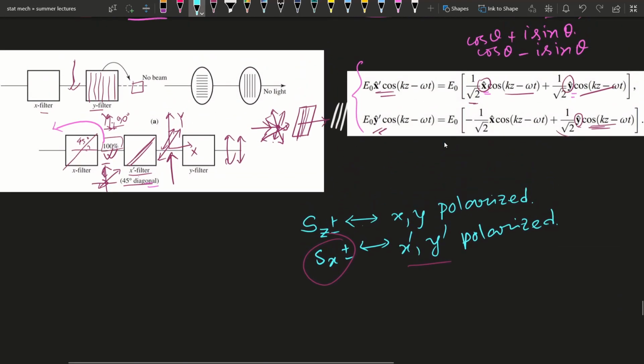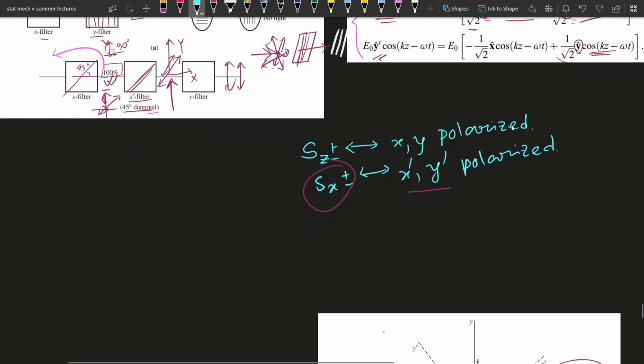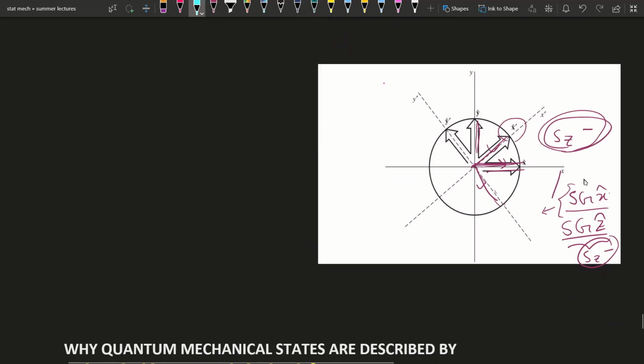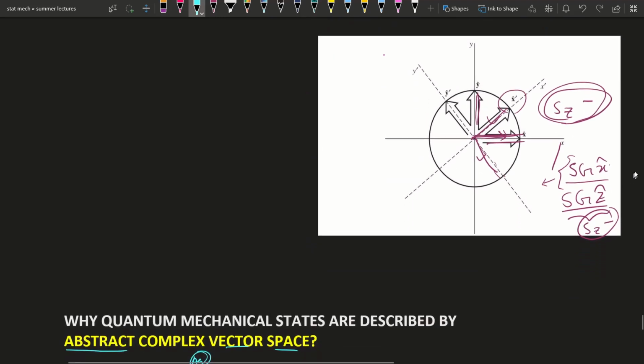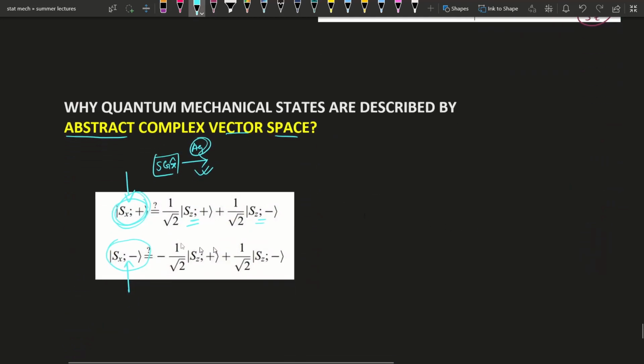The X component vibration can be composed of X component and Y component in a linear combination with some factors, 1 by root 2. So similarly the SGX beam, this state, can be thought of as a superposition of the two SZ plus and SZ minus states, and the superposition equation is like this. So this is the need of abstract vector space.